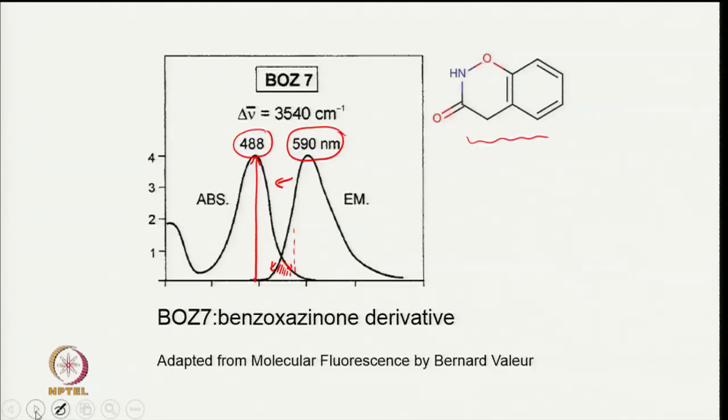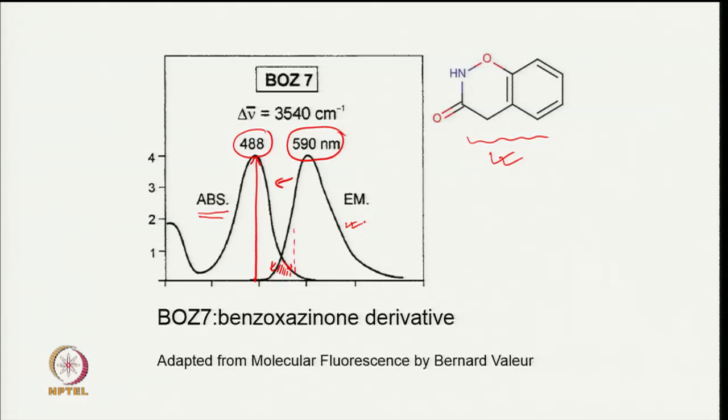Now, let us look at the absorption spectrum or excitation spectrum of the molecule, this molecule Bose 7, and the emission spectrum of the molecule. This is your absorption spectrum and this one is the emission spectrum.